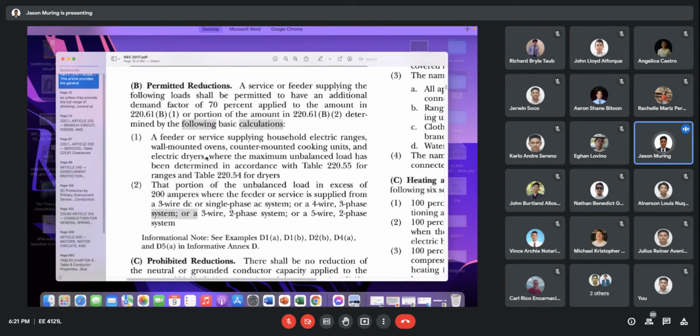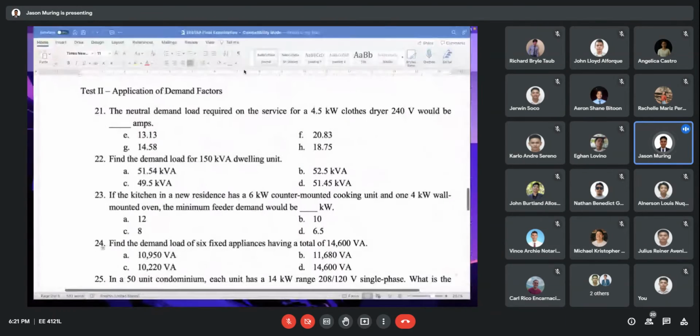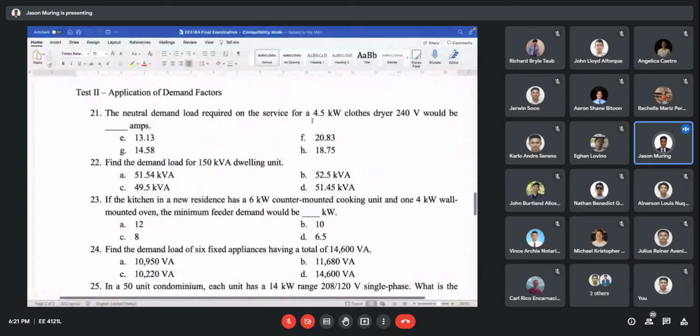So we can apply a 70% demand factor for this kind of loading. 20.83 times 70%, I have here 14.58. This time, this is now the correct answer.